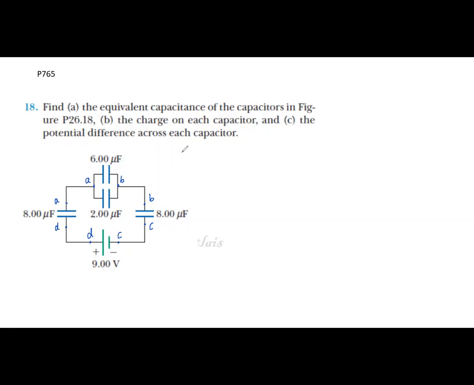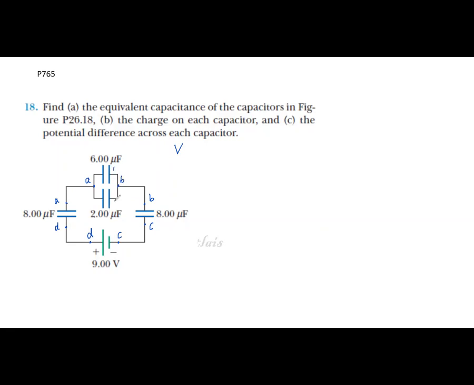Between A and B we have two parallel capacitors. Why?